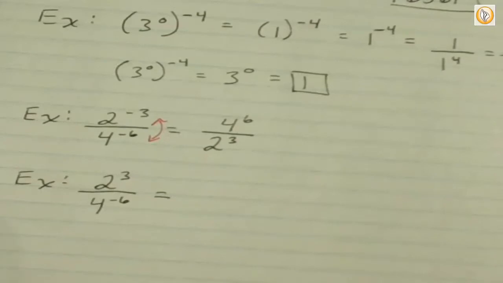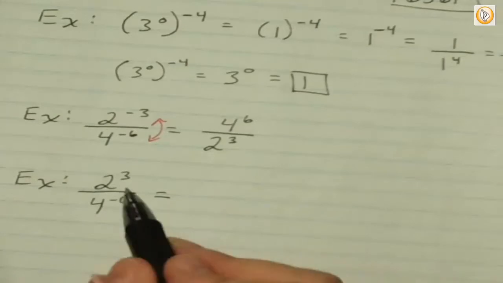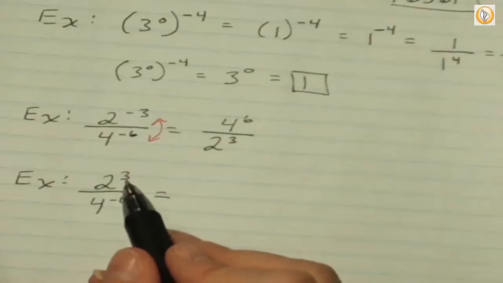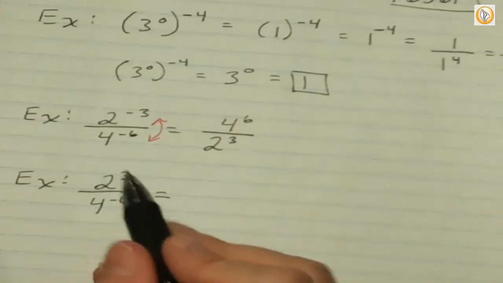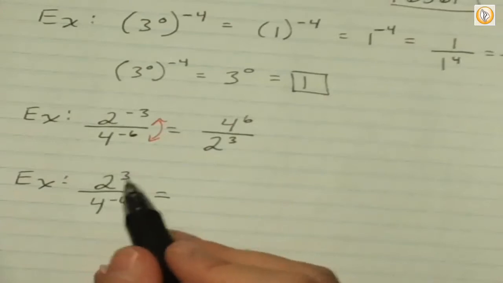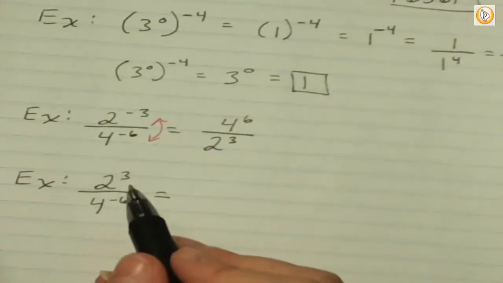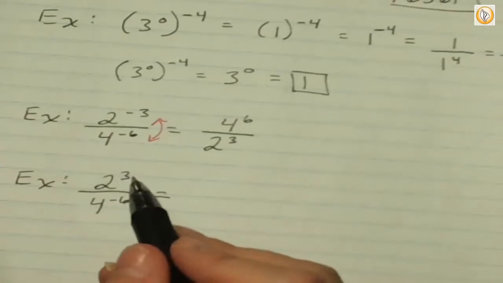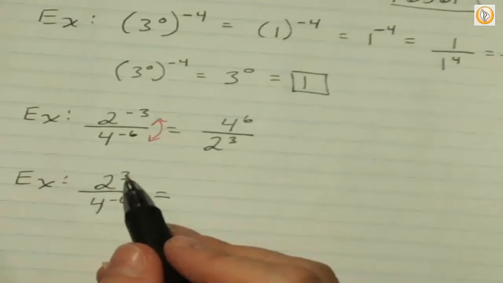Everyone better be paying attention, because all this stuff's going to be on your test, and it's not easy. Do I need to move this to the bottom? Why not? That's right. Guys, look at this. It's positive. We don't need to do anything with it. It can stay where it's at.